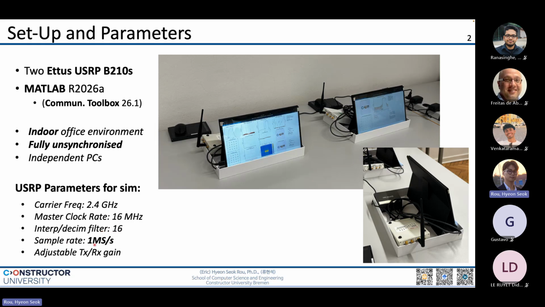The sample rate is 1 mega samples per second at the USRPs. So from the MATLAB to the USRPs, the USB 3 cables are transmitting at 1 mega samples per second. And of course, there are the transmit and receive gains, which were tunable. It's hidden here, but you'll see later there is a tunable knob that we can tune at the 2 sides.